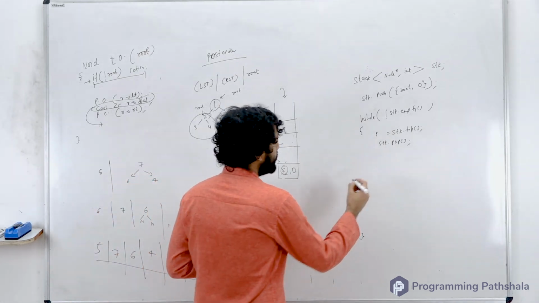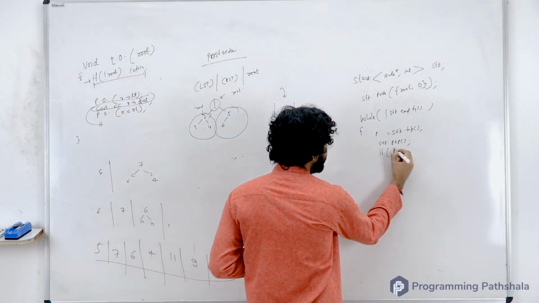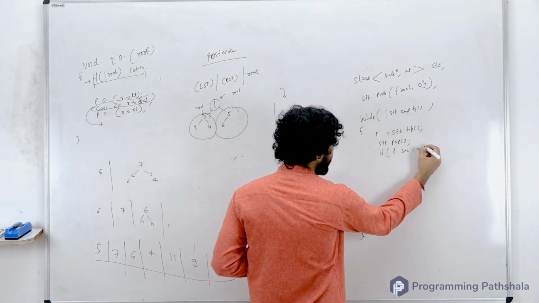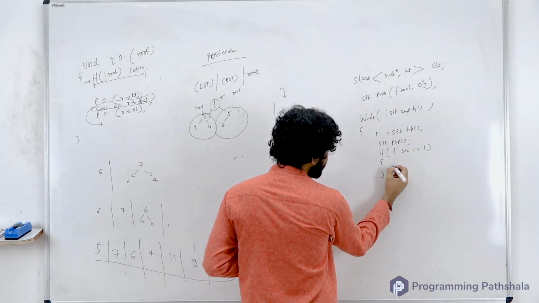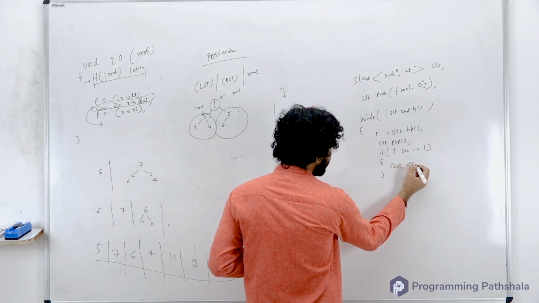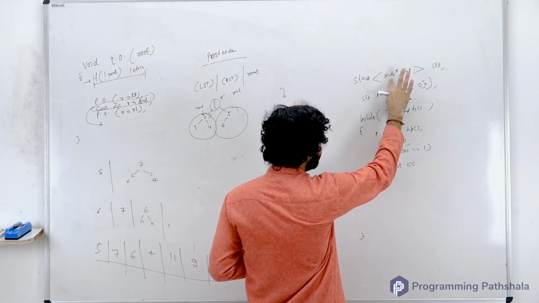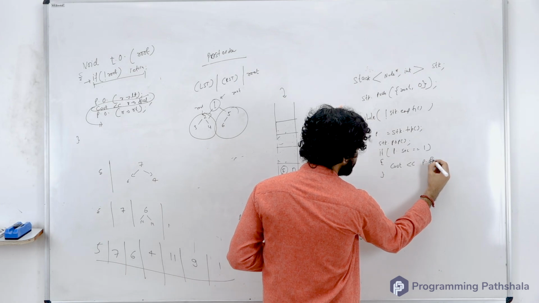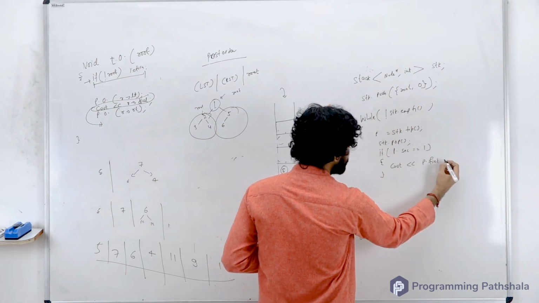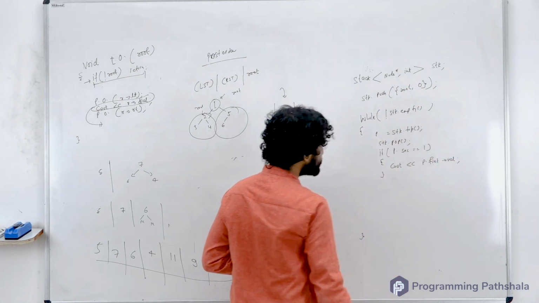So if you see that pair dot second is 1, that means children were already there. So in this case, all that I'll do is print out the value of this node, and that would be present in p dot first. That would be a pointer, so whatever is the value of that. That's it.